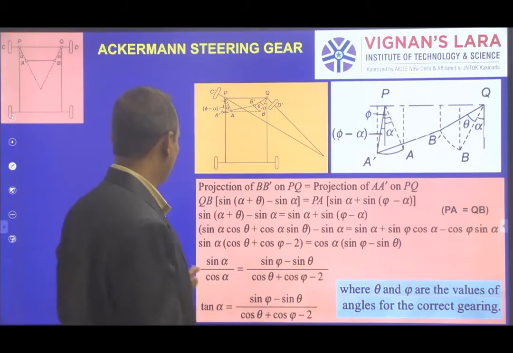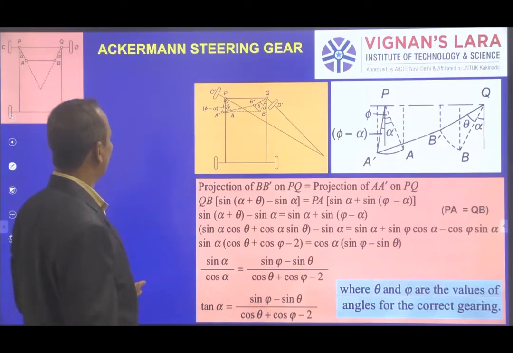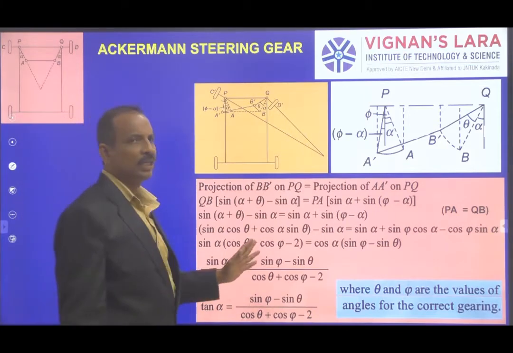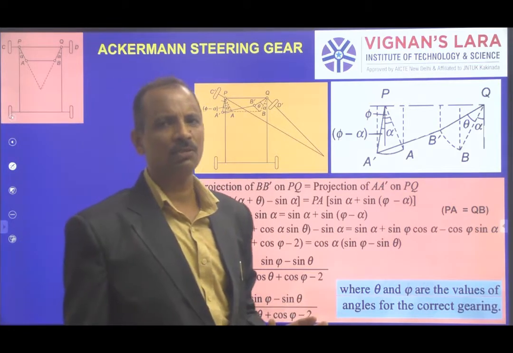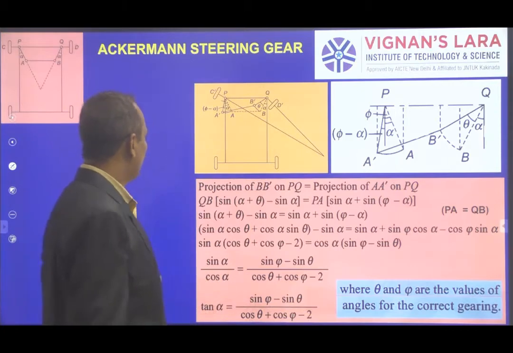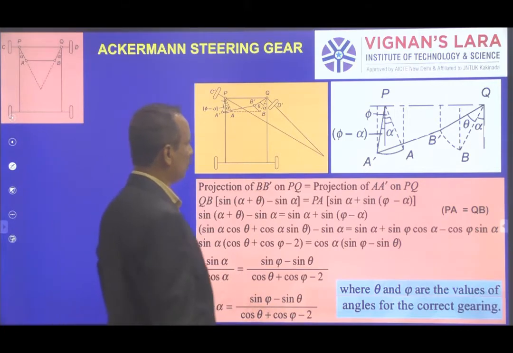What is the necessary alpha? What is alpha, what is theta and what is phi? How can we get this solution in terms of a final equation?